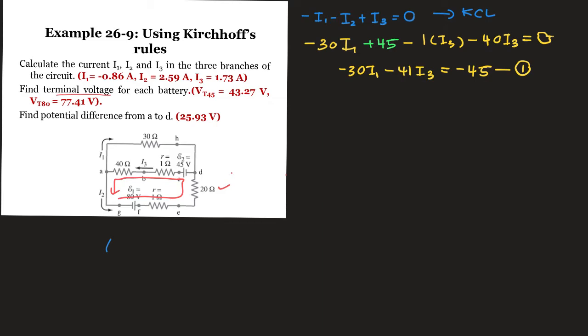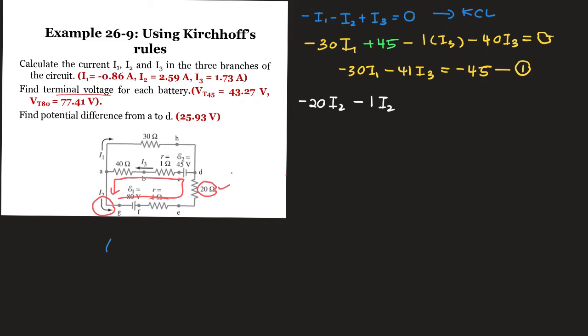My assumption loop is going to be in the same direction with my current inside the circuit, which is I2. Therefore, at 20 ohms and 1 ohm here, the voltage is going to be a negative value. Same direction, negative; opposite direction, positive. So the second equation is going to be negative 20 I2 minus 1 I2. Then focus at the potential difference of the battery here.